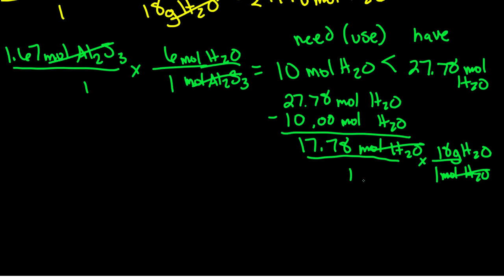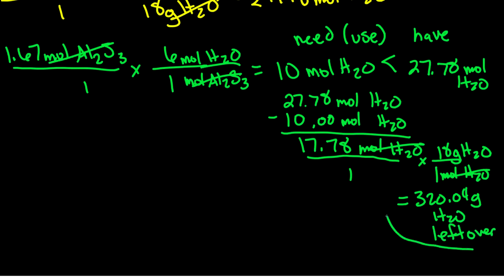So 17.78 times 18. So we're going to have 320.04 grams of water left over. So there's that first answer.